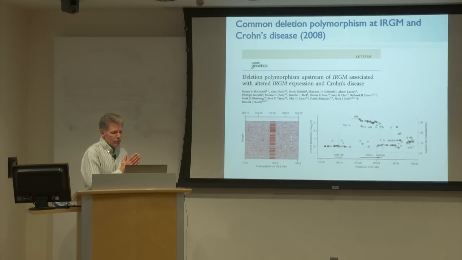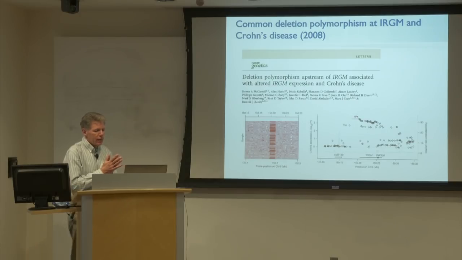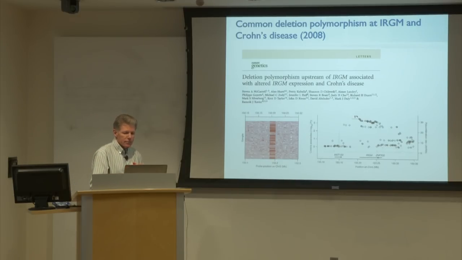An early example was this deletion upstream of the IRGM gene that was found by Steve McCarroll. This deletion polymorphism seemed to hit a promoter of IRGM. It affected gene expression and was associated with Crohn's disease.